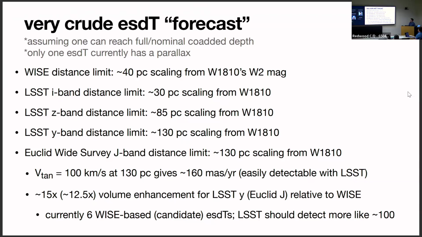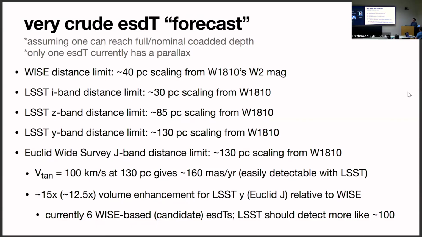And so when you factor in sky area, that means we'll get about a 15 times volume enhancement in our search for these halo T dwarfs with LSST as compared to Ys. Perhaps kind of interestingly, the Euclid wide survey J-band distance limit is very similar and well matched to the LSST Y-band limit for these objects. So that suggests a good complementarity there.